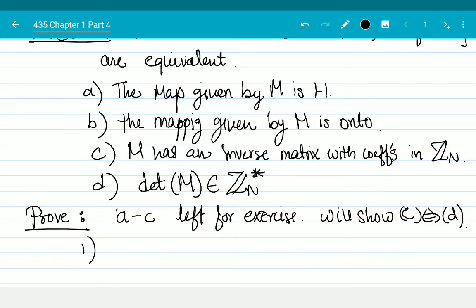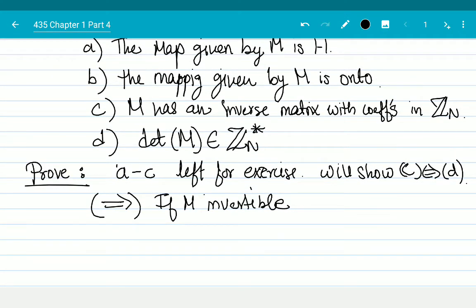First, so first this way. If M is invertible, what does invertible mean?